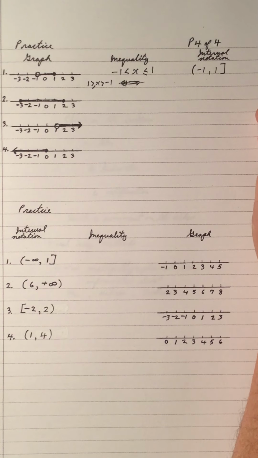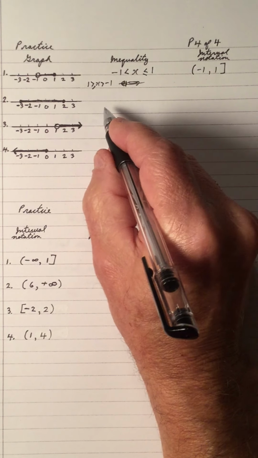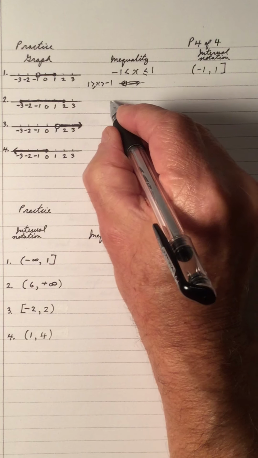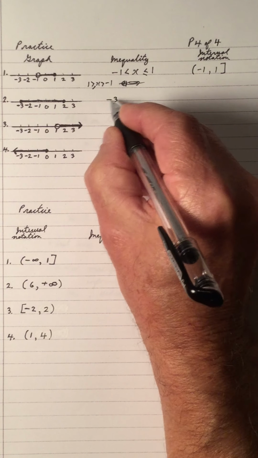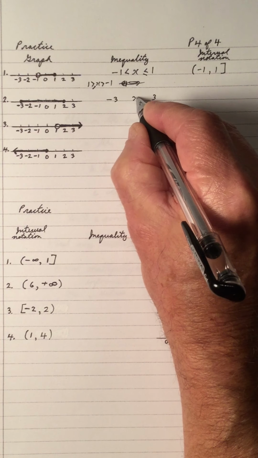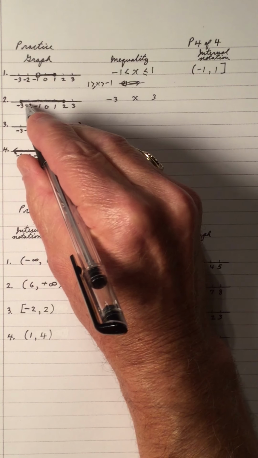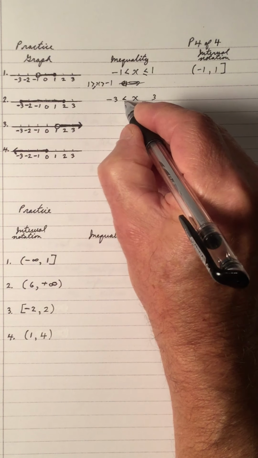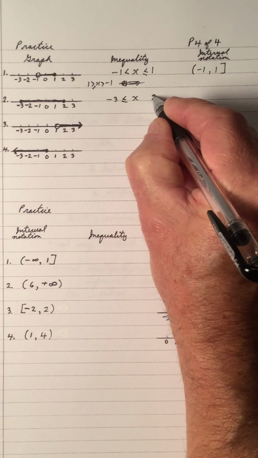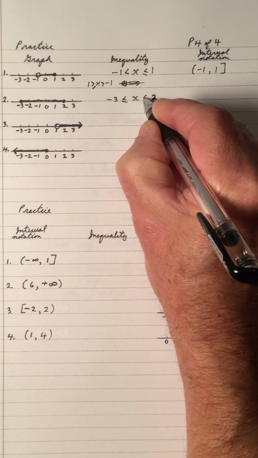Again, hopefully you're doing okay. Pause your video and work these out. In this one, I have starting off at -3. It's ending at 3. x is in between. And the -3 is equal to. And the 2, whoops, that's a 2. So my mistake. That's a 2.